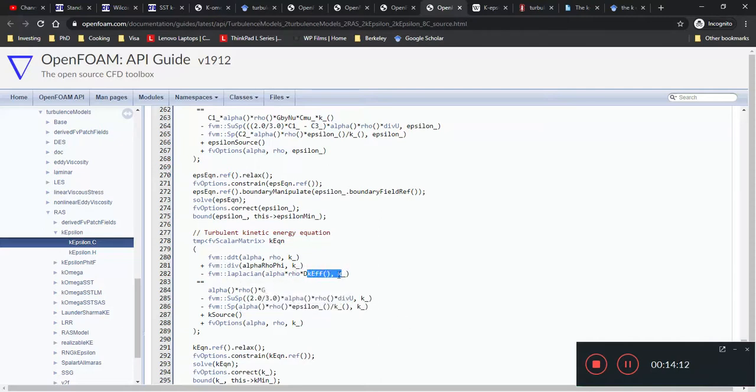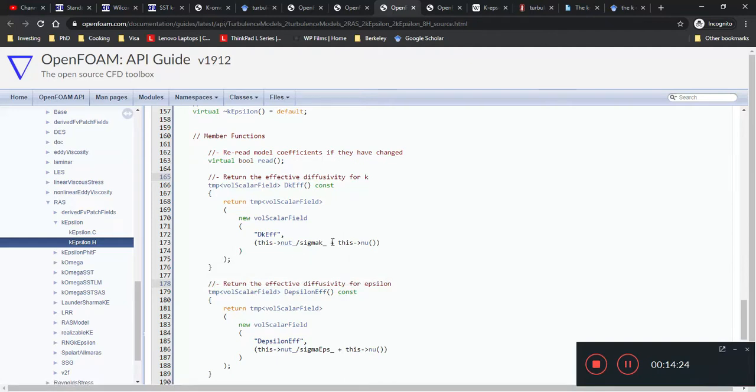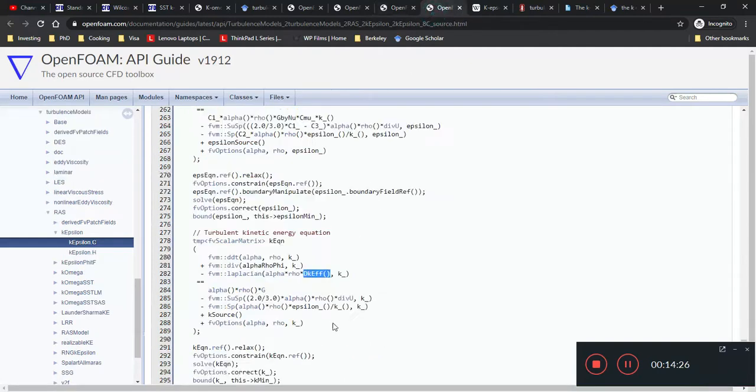This is like a multiplication kind of thing. So rho, which is the density, and DkEff, which I just showed you in this C file, is nu T over sigma k plus nu, and then you multiply that into k. So that will be equal to the source terms and everything else.